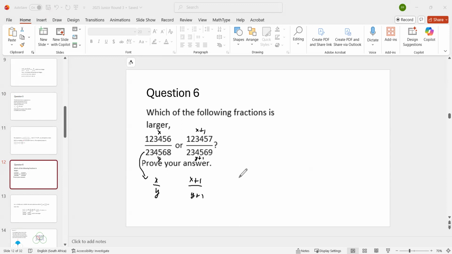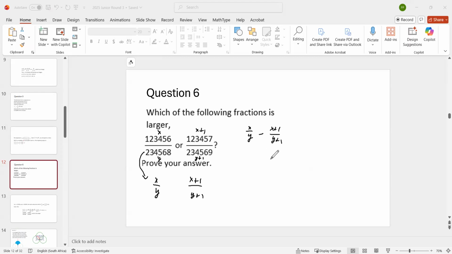Is this or this? Okay, so the way to decide that is subtract the 2 of them and see whether the answer is positive. If the answer is positive, then you can see which is larger. So I'm going to subtract x over y minus x plus 1 over y plus 1. See, it's much easier to work with symbols.